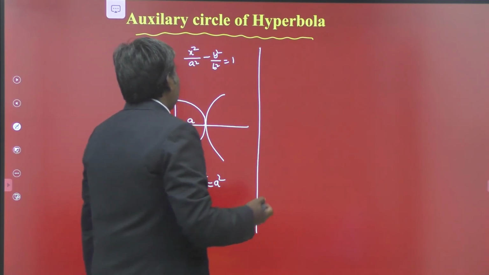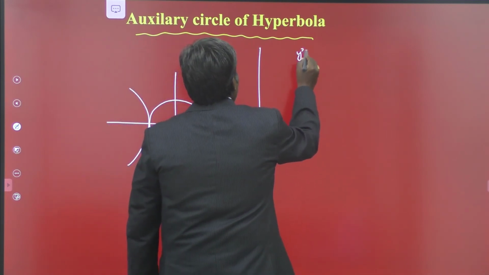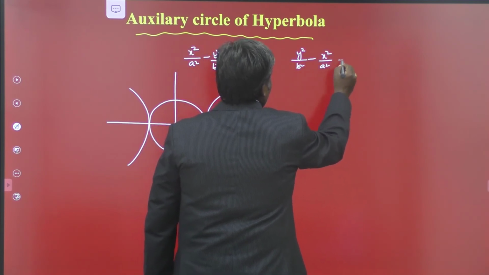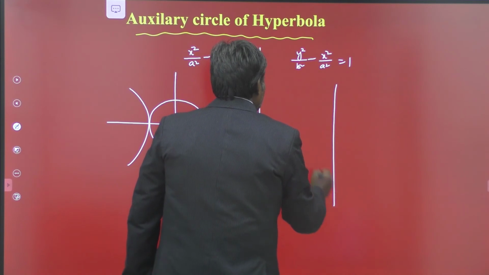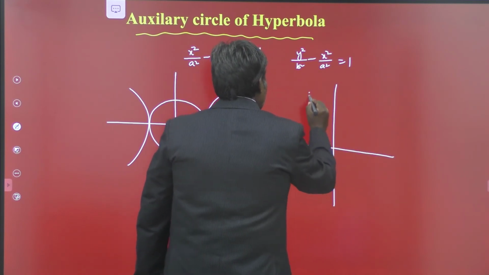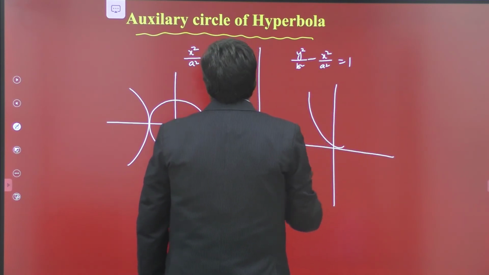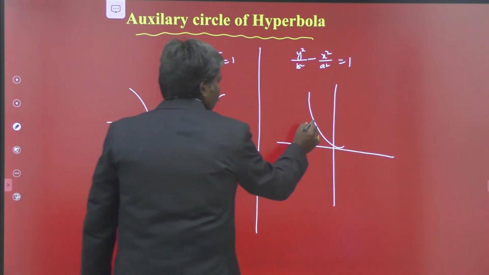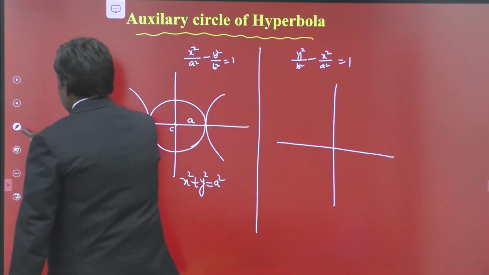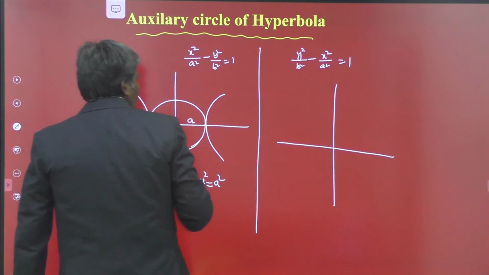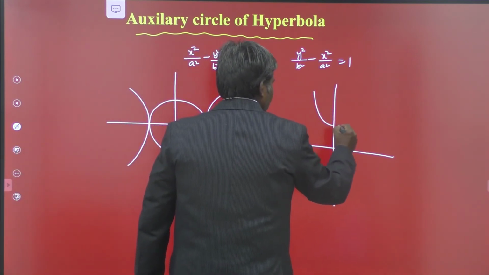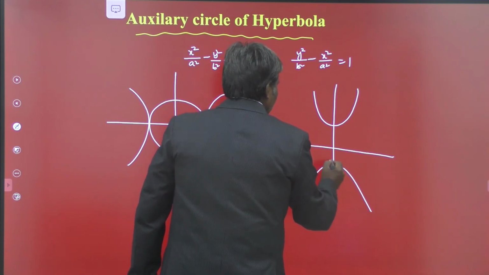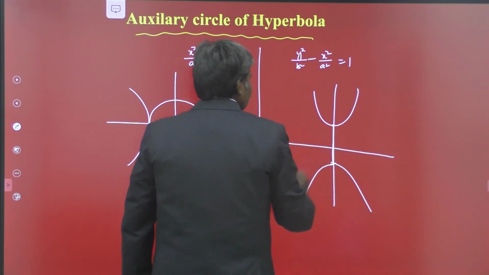Now we can define the auxiliary circle for y square by b square minus x square by a square equal to 1 also. It is the conjugate hyperbola of x square by a square minus y square by b square equal to 1. This is the conjugate hyperbola. Now this is the transverse axis for this one.